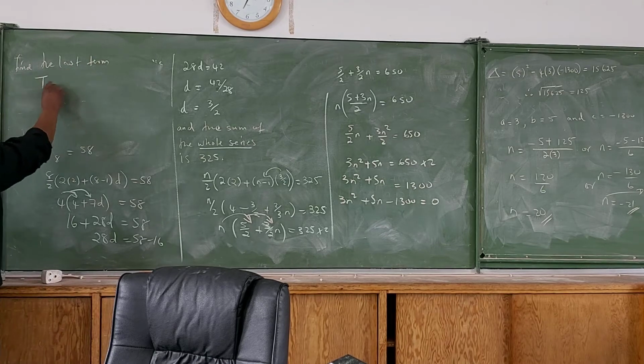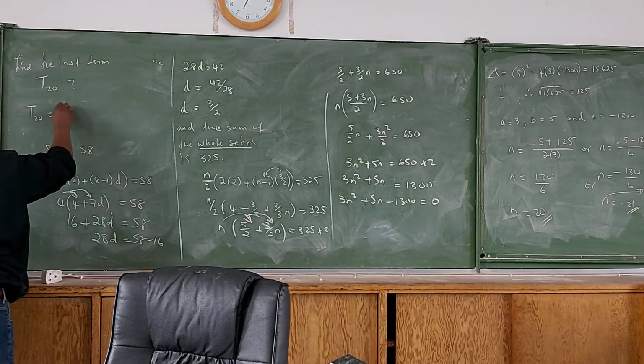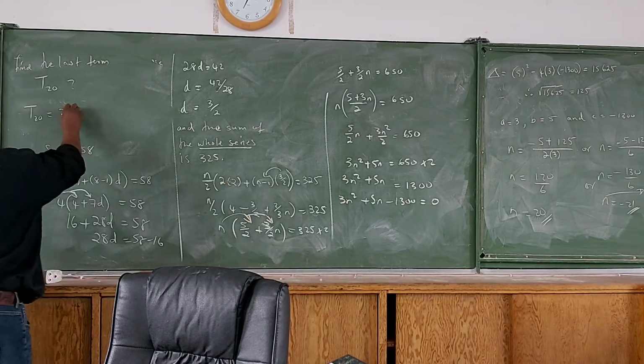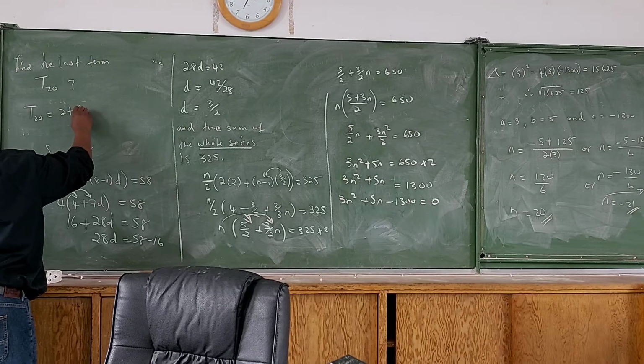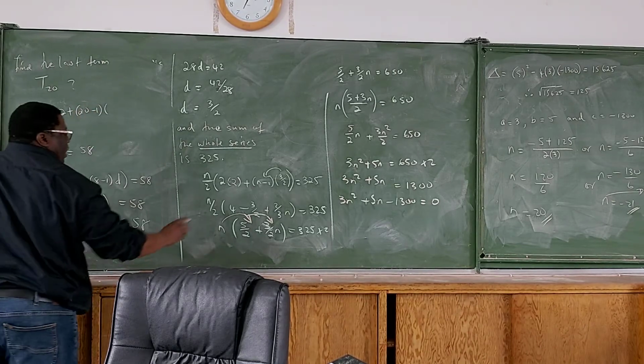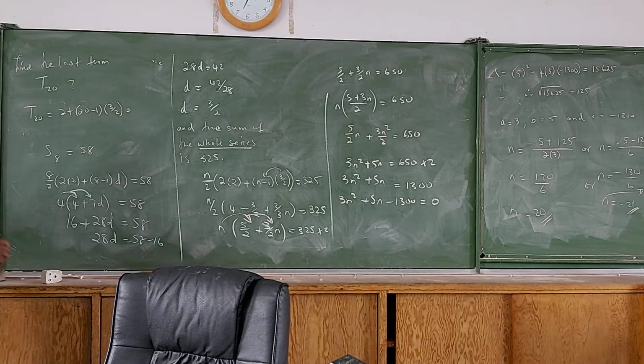That means find the 20th term. So T sub 20 equals our A, which happens to be 2, am I right? Plus 20 minus 1 times our D. What is our D? 3 halves. Am I right? Right. So just punch it in your calculator and tell me what the last one is.